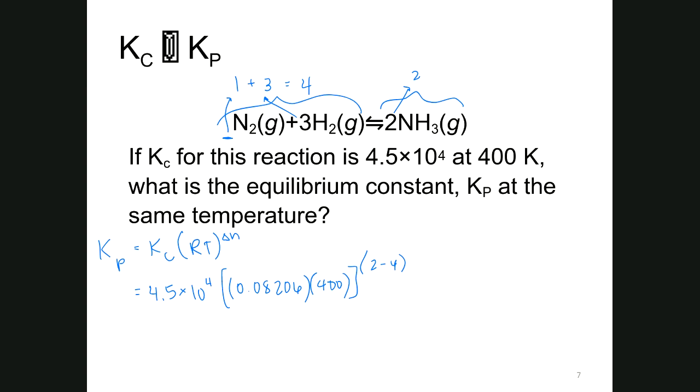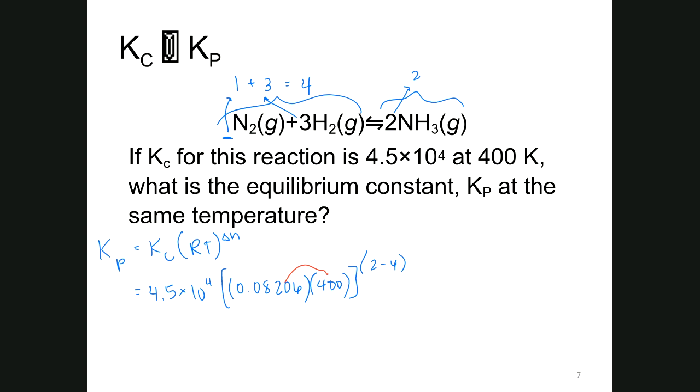So remember that you have to use the order of operations here, right? So you're going to do parentheses first, which is multiplying these two numbers together. You're going to start there, multiply those, then you're going to do the exponent. So once you find that product, you're going to raise to the -2, and then you can do your multiplication times the Kc value.